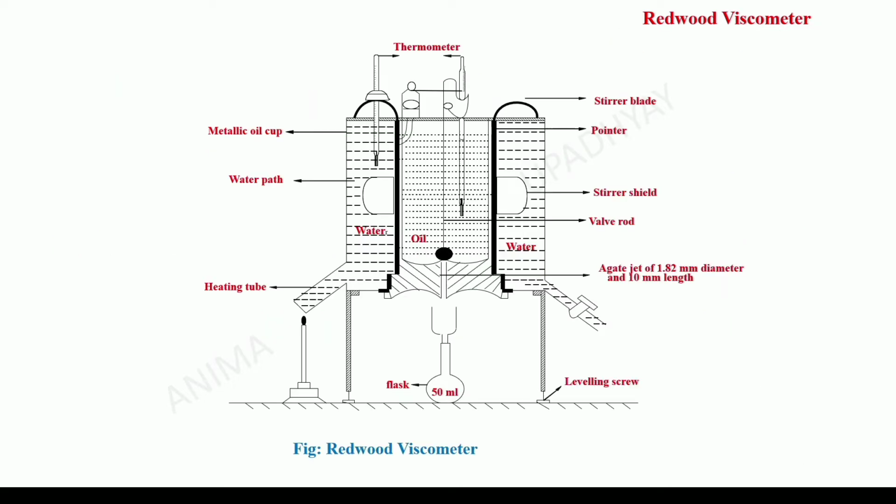So, whenever we are determining the viscosity of a given test oil, we use different types of viscometer. Here we are using Redwood Viscometer. So, the construction of the Redwood Viscometer is described here very clearly with the help of this diagram.